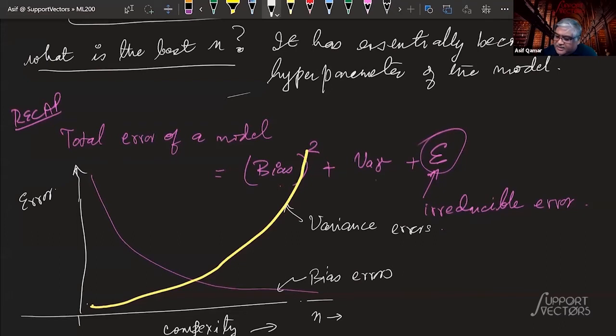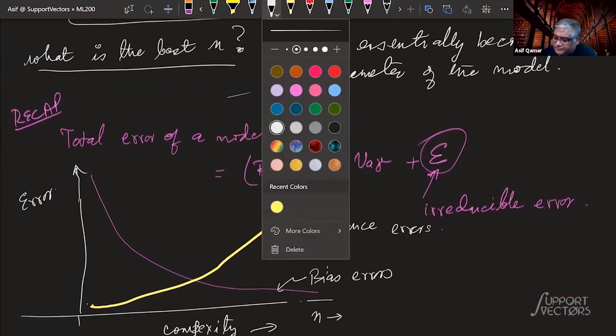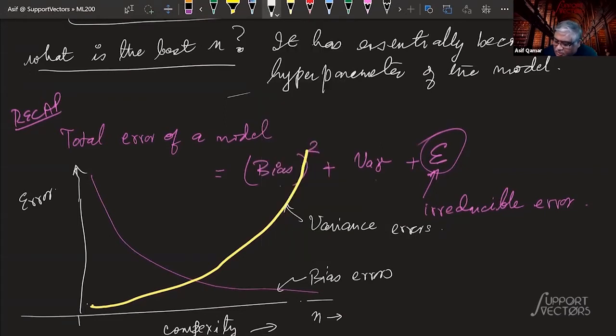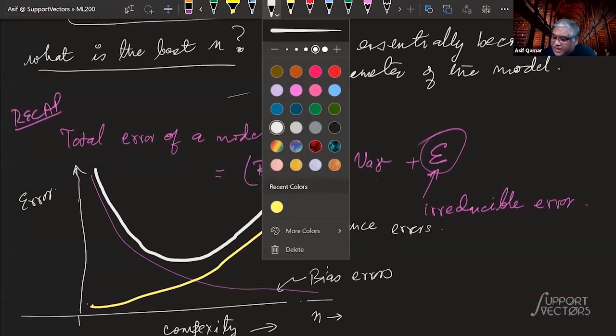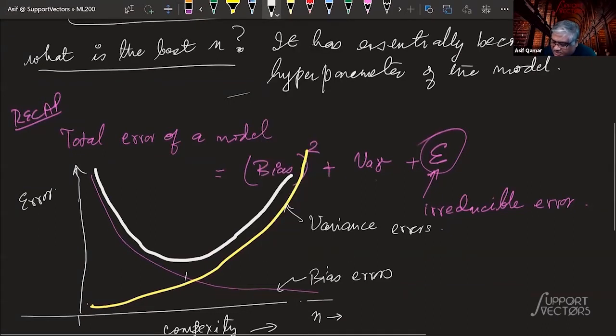It is this line. And let me use white itself, but a thicker version of white, hopefully. So the total error, if you add these two up, you notice that it goes like this. And whatever the value of K here is, this is the best model that you can build, right?